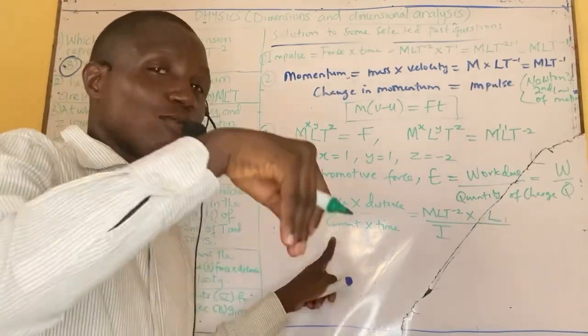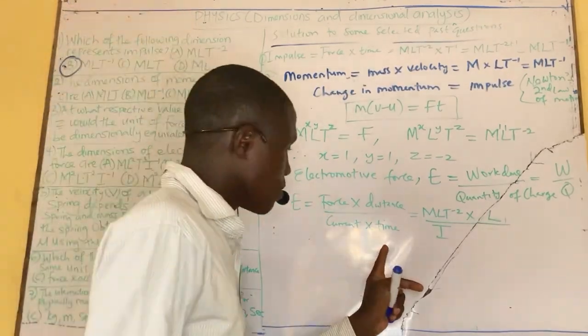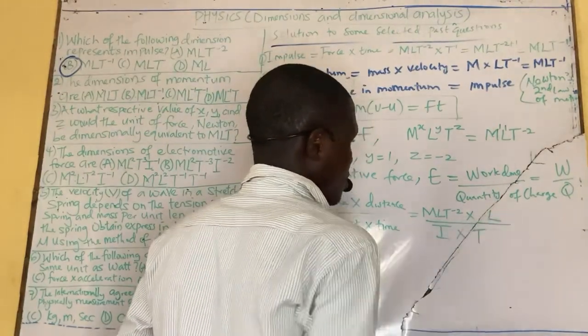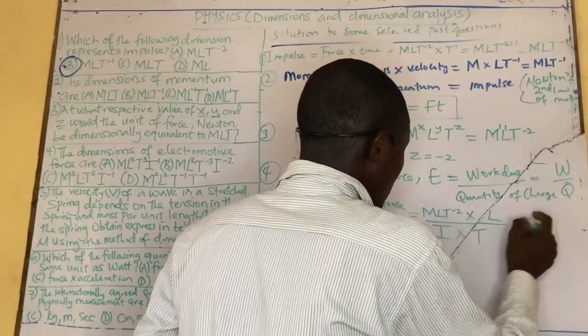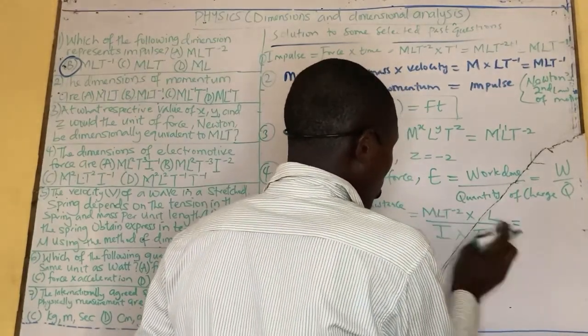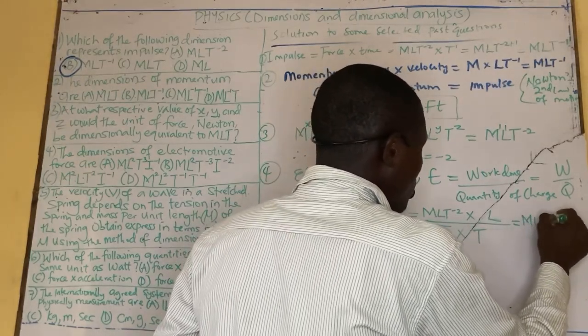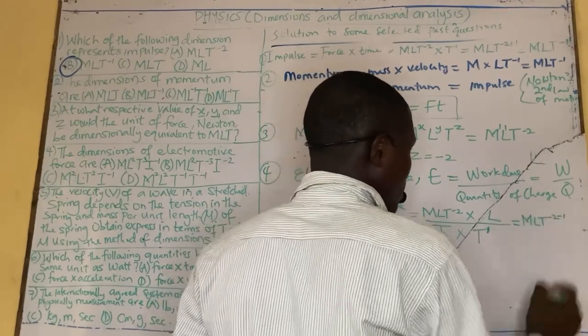So we have I times T. Now we can arrange it. T comes up to give T to the power minus 1, and we have minus 2 here.